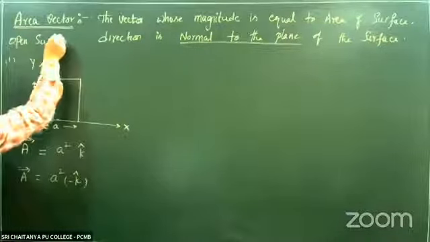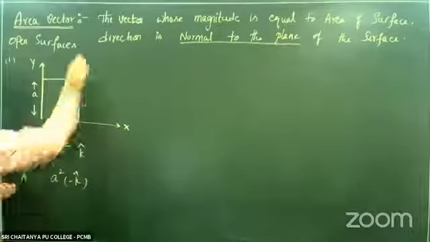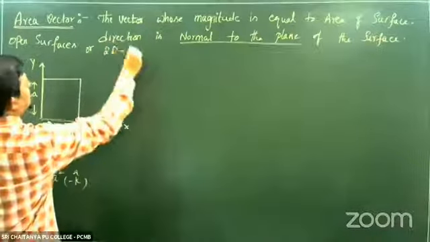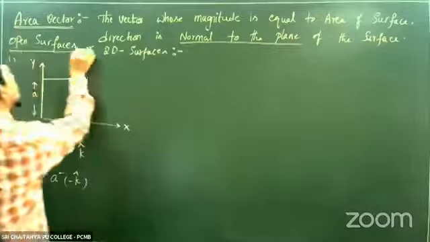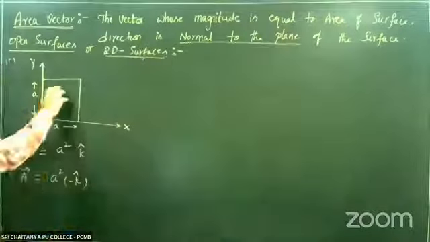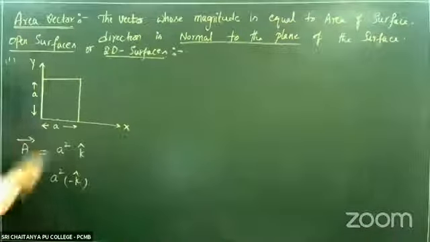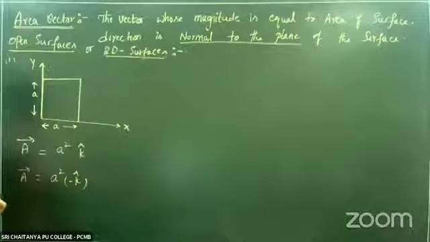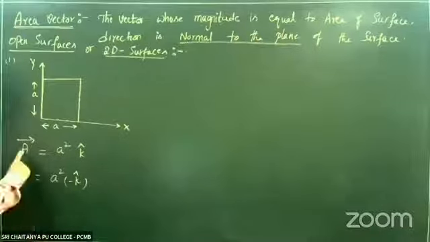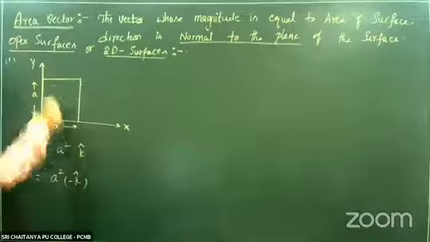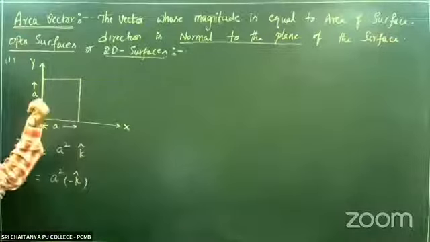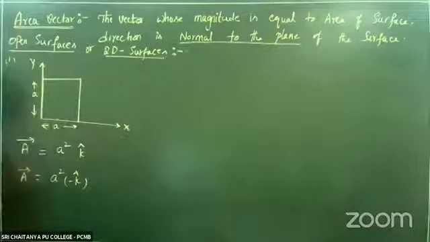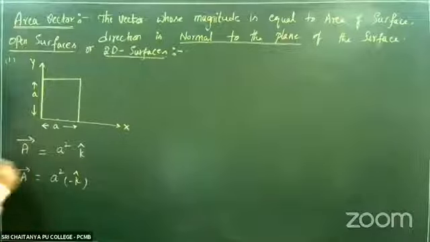Planes, generally we call them open surfaces or two-dimensional surfaces. For two-dimensional surfaces, this is the way of writing. Okay? Magnitude, direction is normal to the plane. While taking normal, it may be an outward normal or an inward normal, right?